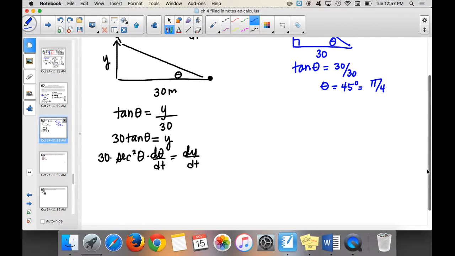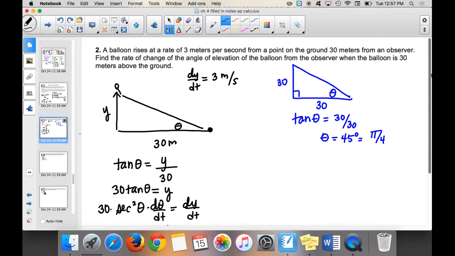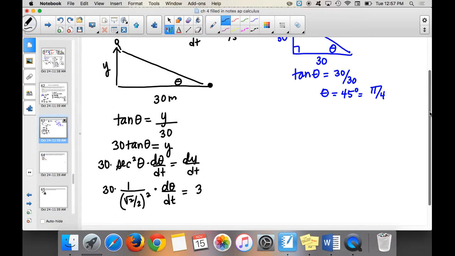We talked about that. So we're going to do 30 times secant is 1 over cosine, so cosine was root 2 over 2 squared. D theta over dt is what we're trying to find, and dy over dt, it's rising at a rate of 3 meters per second. And we just solve it out.